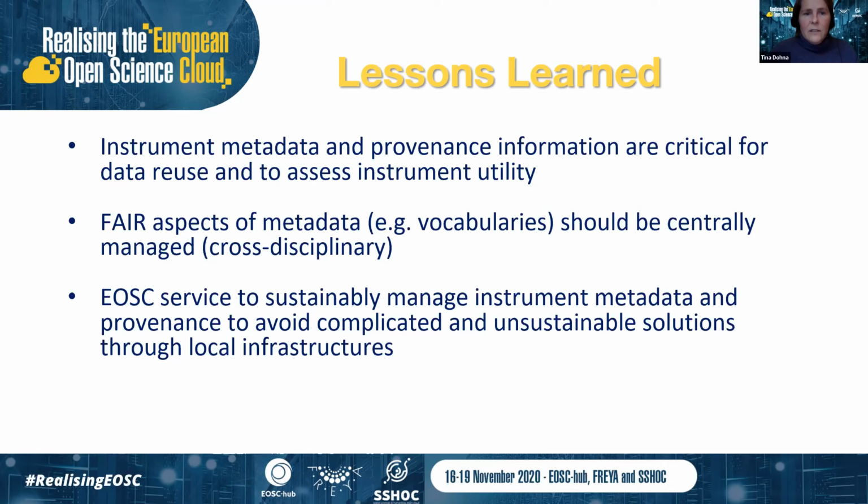And FAIR aspects of metadata, like these vocabularies that we're struggling with in an afterthought, trying to align everything, is very difficult. So it would be beneficial if it were centrally managed and cross-disciplinary. The PIDs group also worked on this. And EOS could provide a service to sustainably manage instrument metadata and provenance information to avoid these local, often unsustainable solutions.